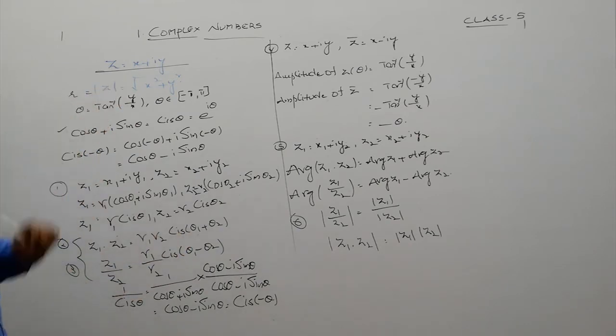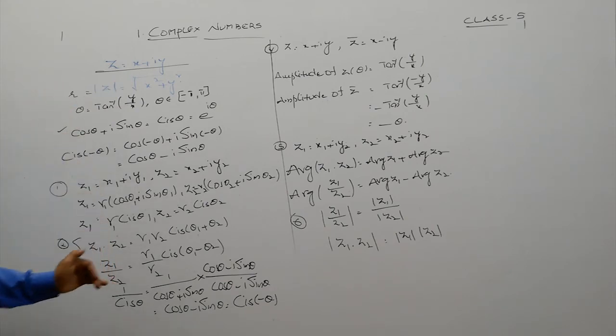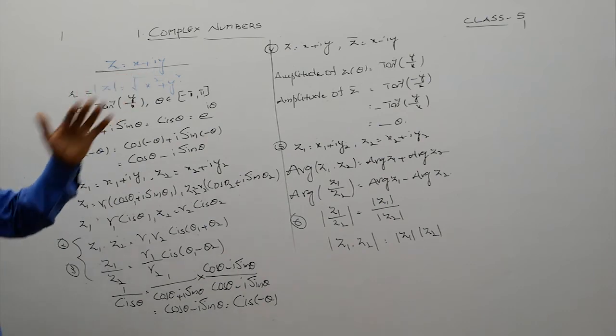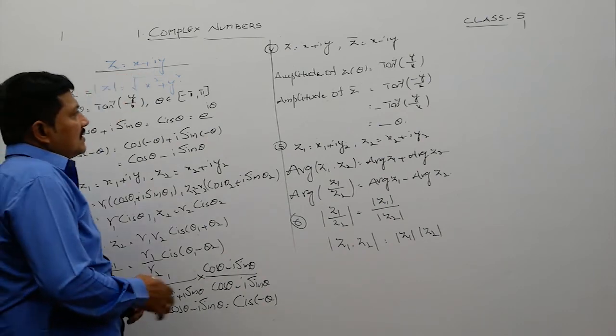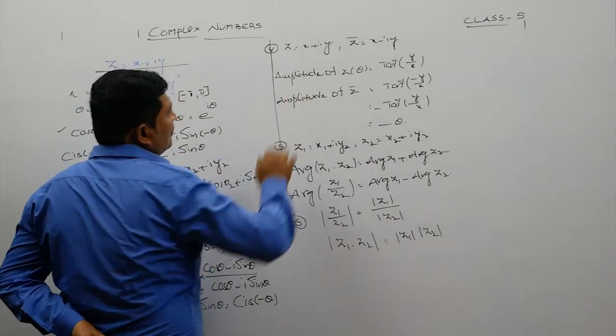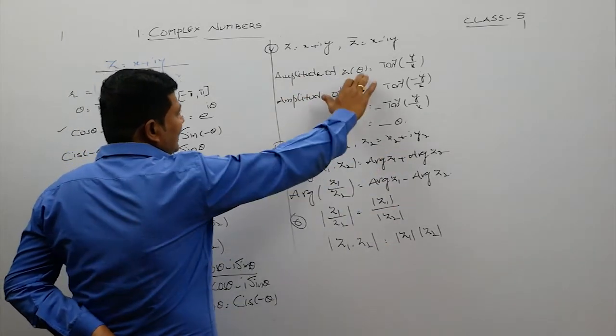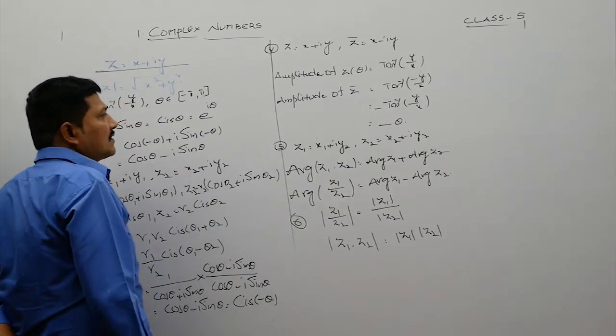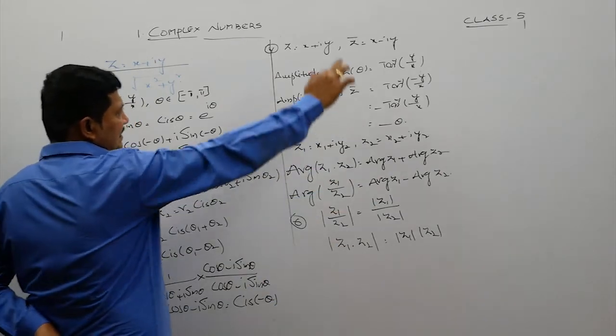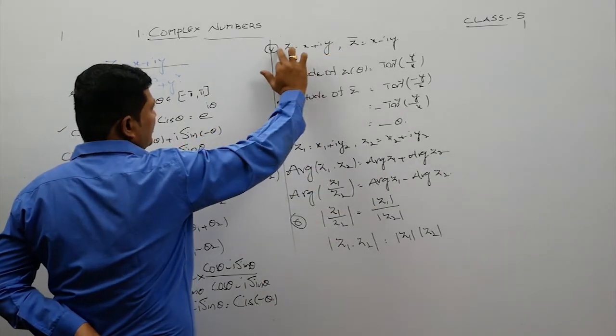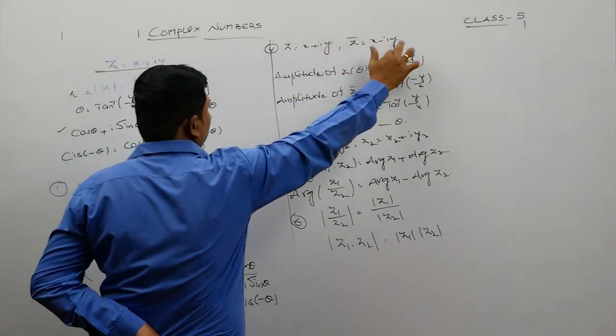Next comes the most important second part. Up to now we were discussing polar forms. Now, amplitude of z is θ, then θ is given by the formula tan inverse y by x, and z bar, the conjugate of z, is equal to x − iy.